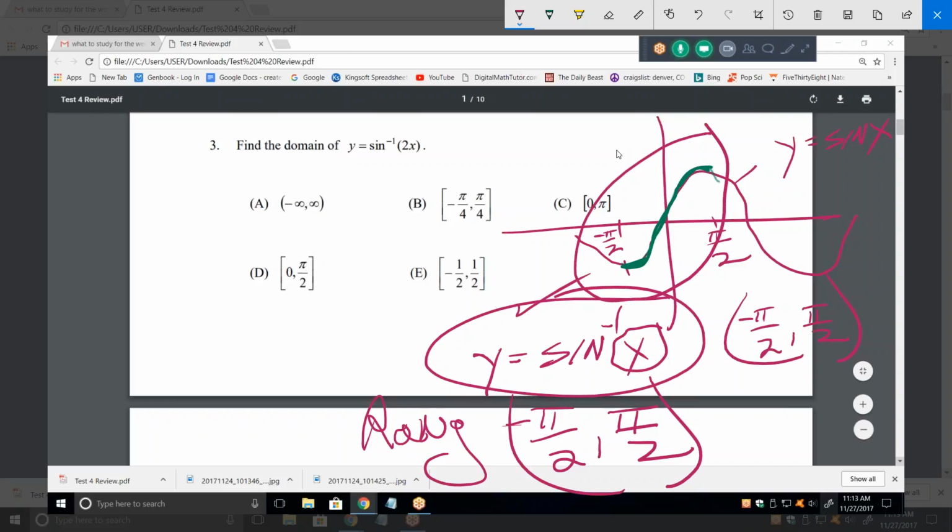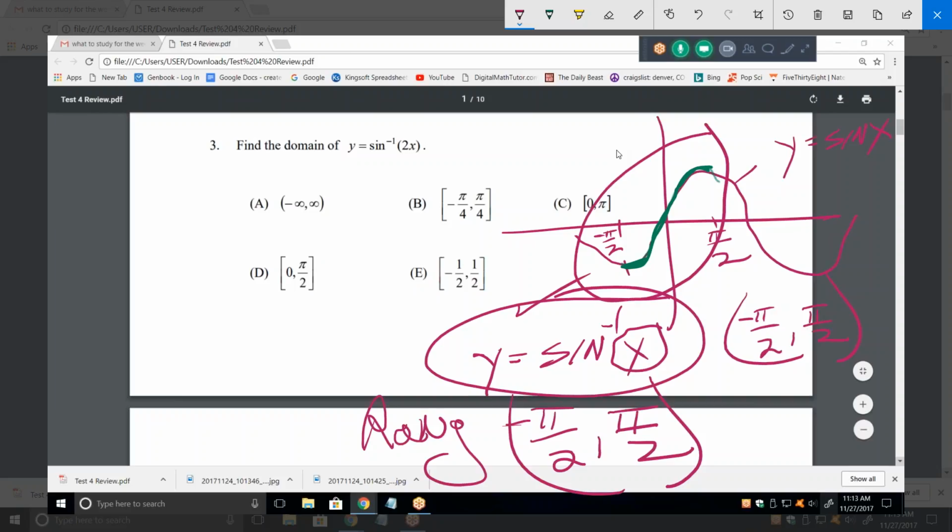Even though they exist, in order to make this thing a function, they restrict it from minus pi over 2 to plus pi over 2. Now, whether that affects this problem or not, I don't think so. I just wanted to make you aware that they do restrict the domain of the inverse sine function.